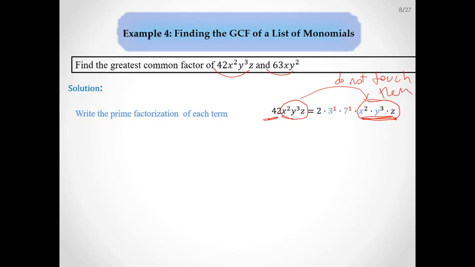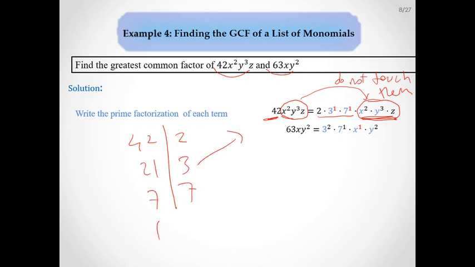But this part, the whole number, we can write its prime factorization. You know the procedure, like we do this. Then we can write 63 the same way.